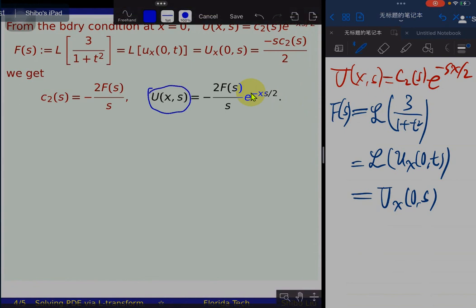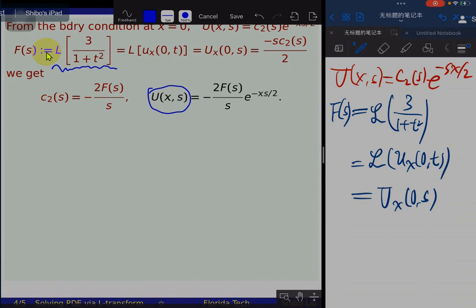Now here we have the Laplace transform of 3 over 1 plus t square. Maybe you could not find the result of this Laplace transform, but actually we don't need to compute it explicitly, because eventually we will apply the inverse transform to the Laplace transform of 3 over 1 plus t square.